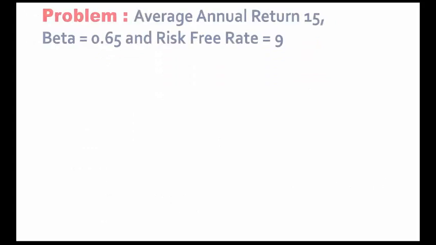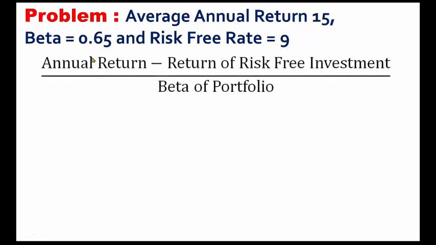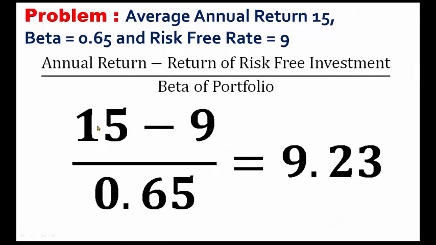Take the next problem under the same Treynor ratio. Average annual return 15, beta 0.65, and risk-free rate is equal to 9. Average annual return 15, return of risk-free investment 9 divided by beta of portfolio 0.65.